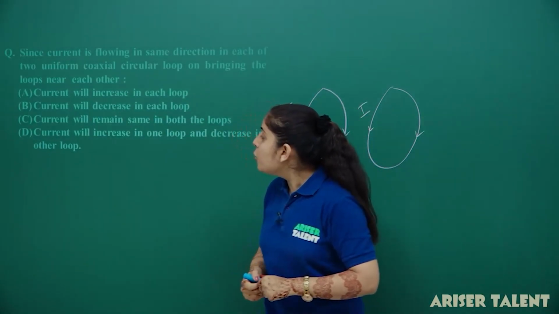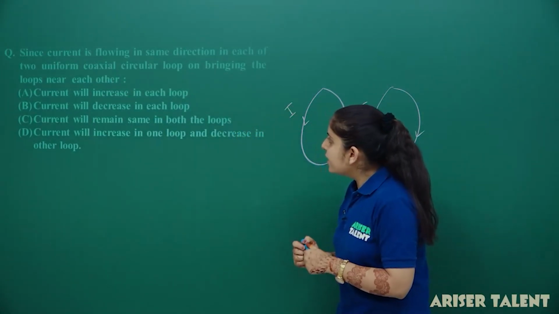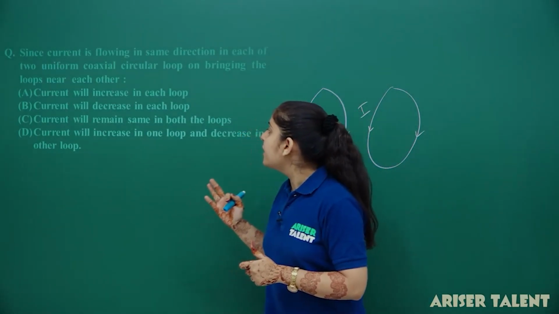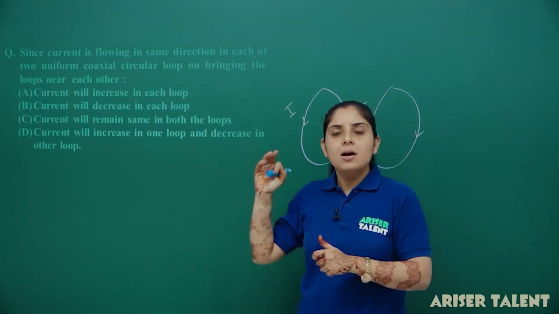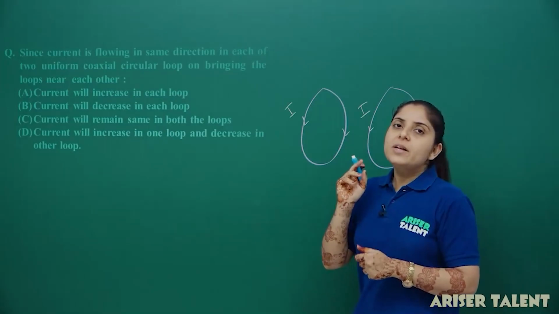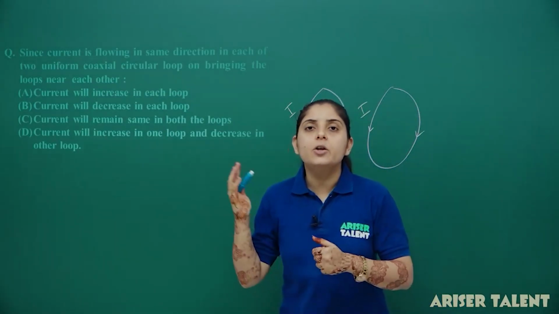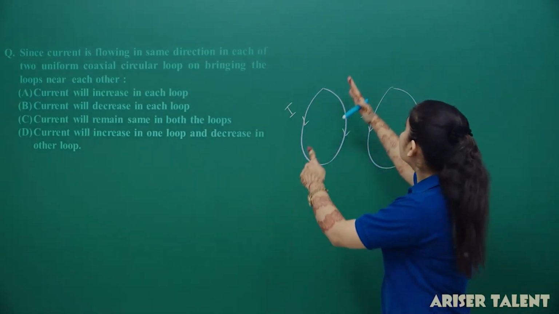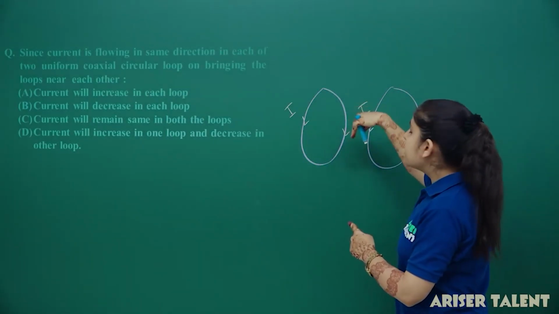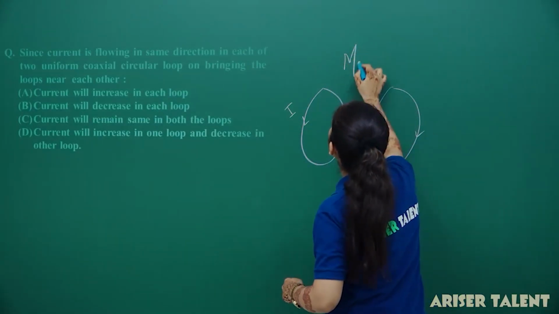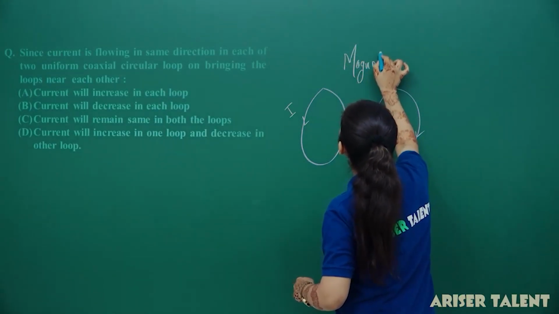Current will increase in each loop, current will decrease in each loop, current will remain the same in both the loops, or the current will increase in one loop and decrease in the other loop. So according to Lenz's law, the direction of the induced current is such that it always opposes the cause of the motion. If the same current I is flowing in the same direction, it means the direction of the magnetic field will be opposite in this case.